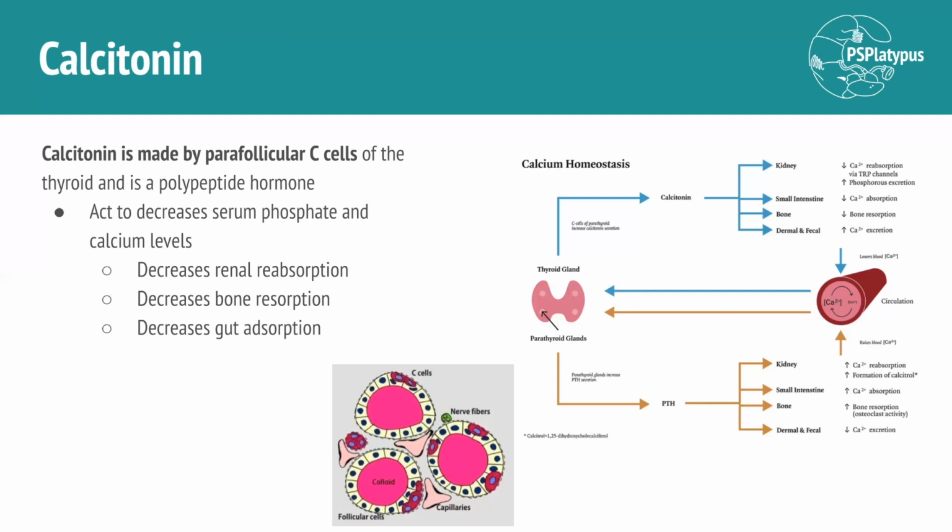And how does it act to decrease serum phosphate levels as well as calcium levels? Well, it does this by reversing what has occurred with the secretion of PTH. As such, it acts to decrease renal reabsorption, decrease bone resorption, and decrease gut absorption of calcium.